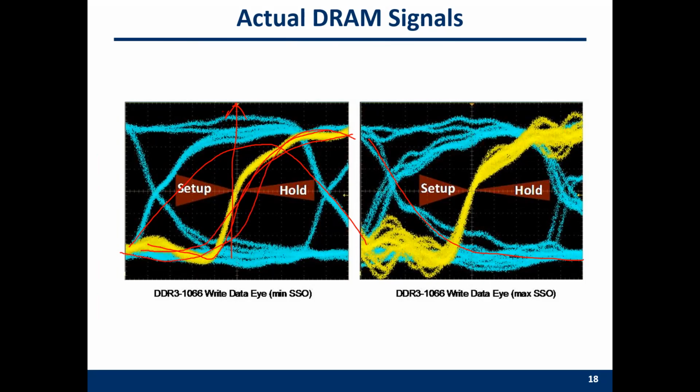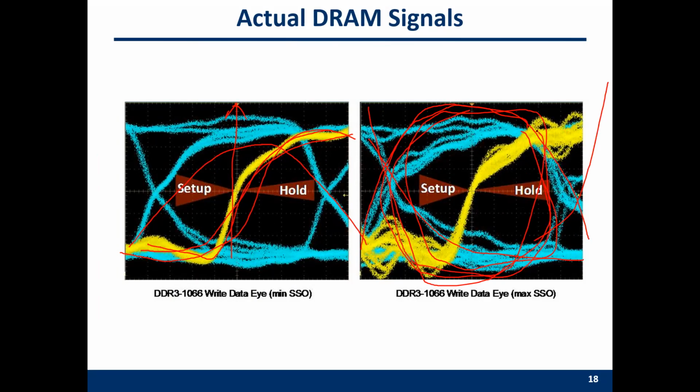If we have a very steep slope signal here, the area of this center circle will be larger. Because this is a data bus, typically we call this the data eye.